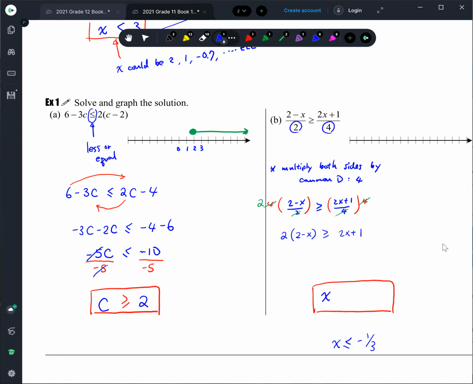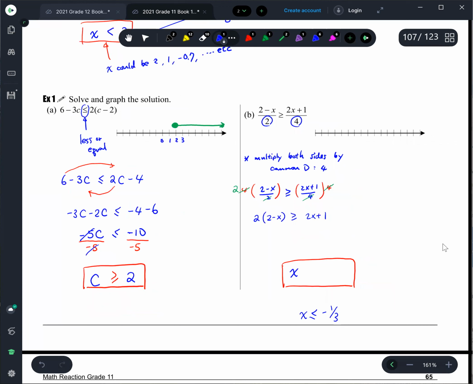Anyone else that's different? I got x is less than or equal to 3/4. So positive 3/4. I also got x is less than or equal to 3/4. Okay, so double check, Geoffrey.